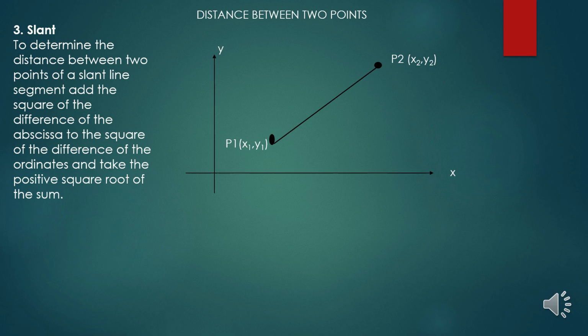To determine the distance between 2 points of a slant line segment, add the square of the difference of the abscissas to the square of the difference of the ordinates and take the positive square root of the sum. Or by using the distance formula, d is equal to the square root of the quantity x sub 2 minus x sub 1 squared plus the quantity y sub 2 minus y sub 1 squared.